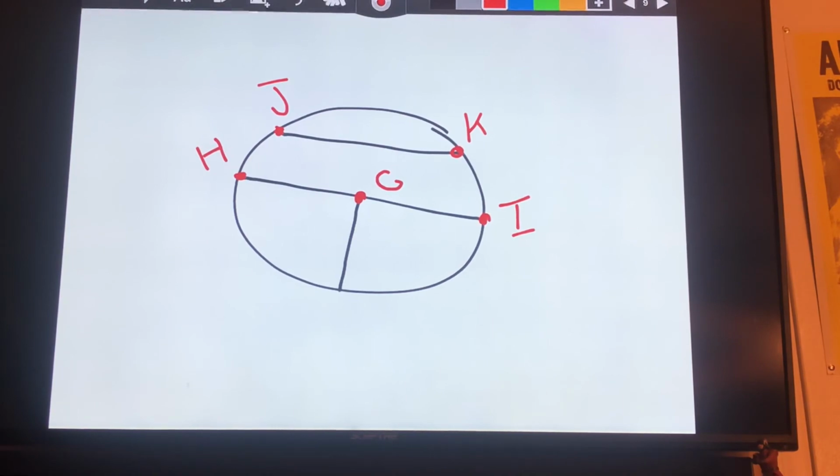Alright, so let's identify the center. Well, the center is going to be right here at G. Now the 2 radii, or these 2 radiuses, if you will.